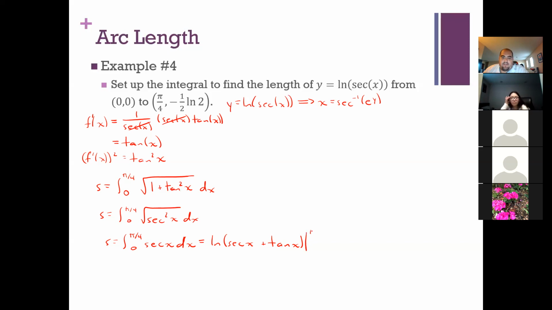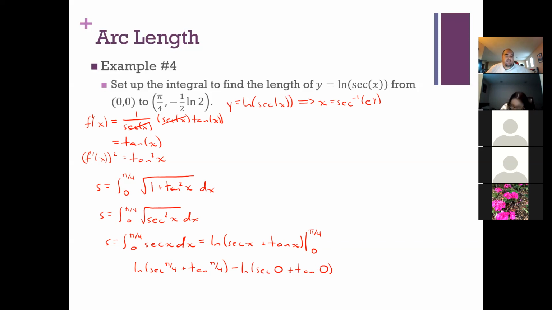So evaluating that from 0 to pi over 4. So natural log of secant pi over 4 plus tangent pi over 4, minus the natural log of secant 0 plus tangent 0.